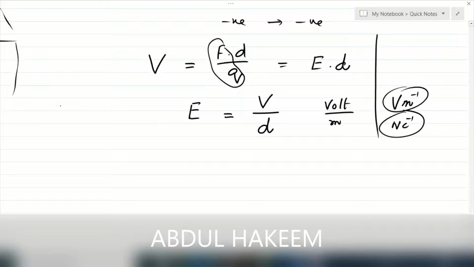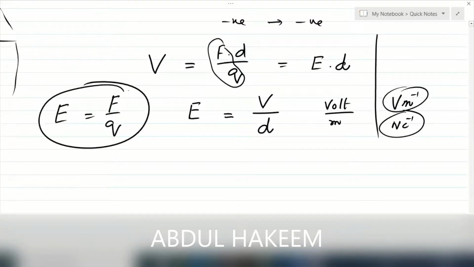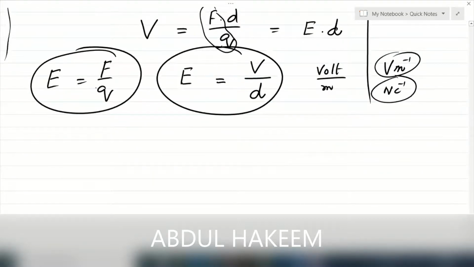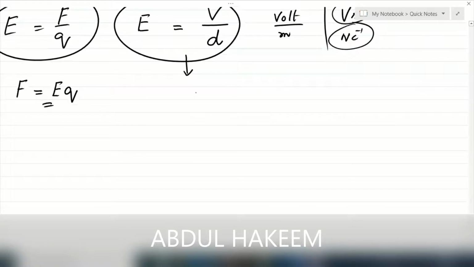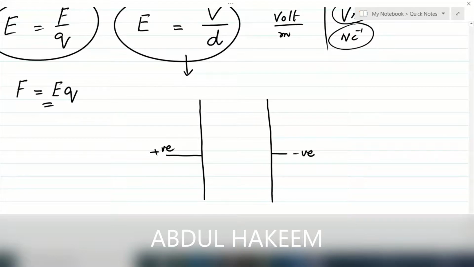So either E is equal to F divided by Q, or E is equal to V divided by D. This first formula is usually used to calculate force, F is equal to EQ. And the second formula is used to measure the electric field strength between two parallel plates, one connected with a positive potential, other connected with a negative potential.